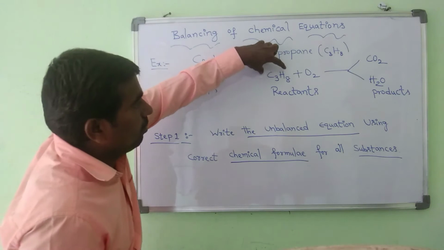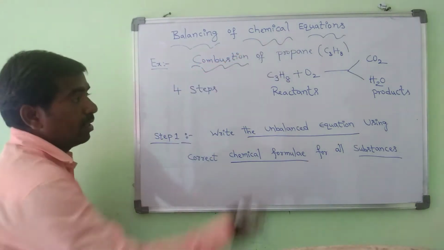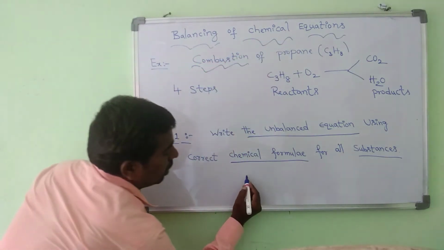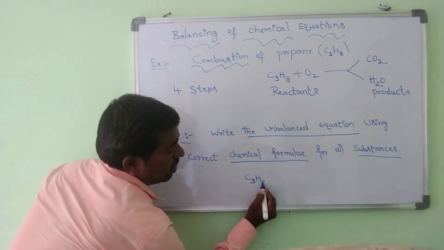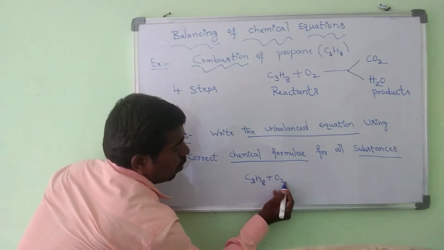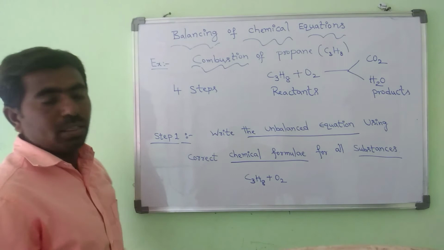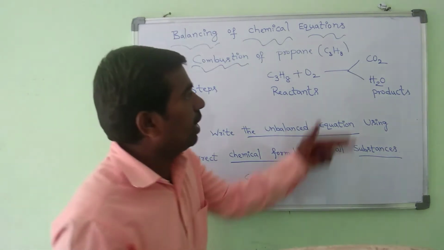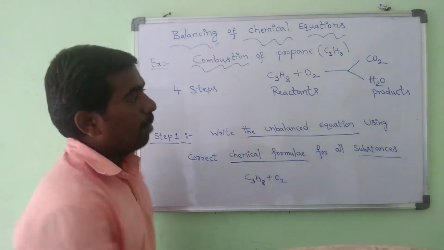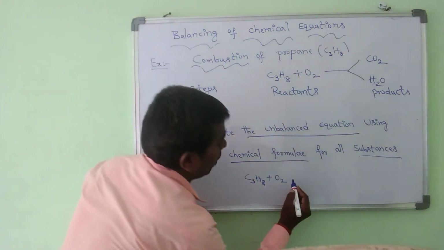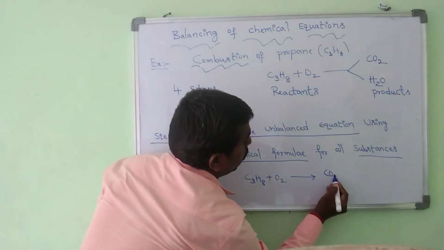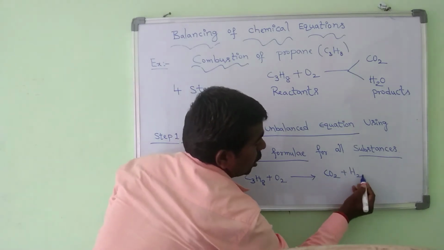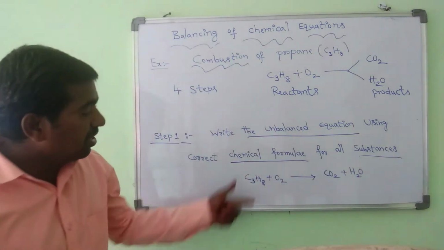Firstly I am writing these on the left side because those are the reactants: C3H8 plus O2. These two react with each other and give these two products. I am writing those products on the right side: CO2 plus H2O. Look at this one.